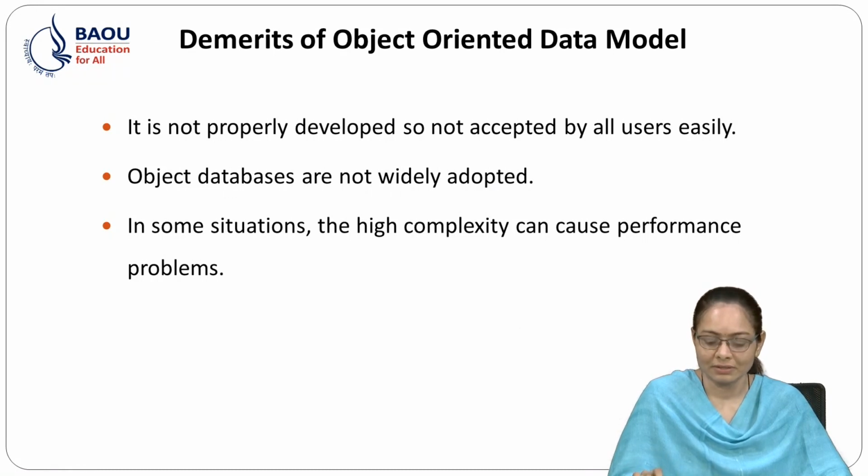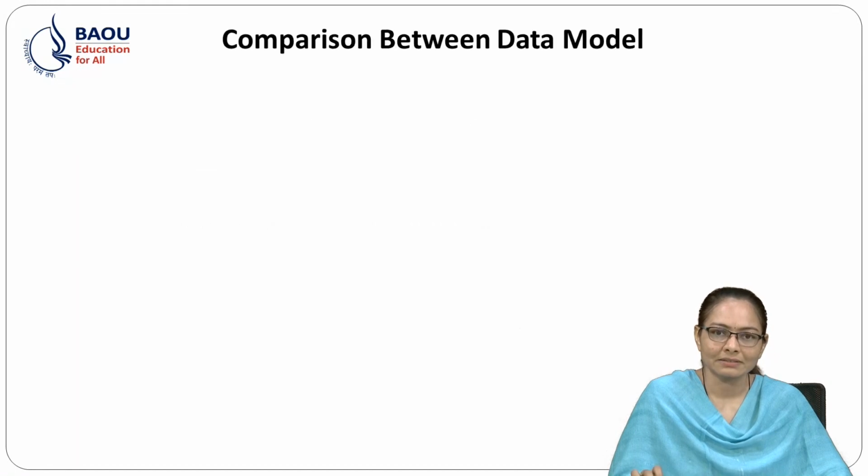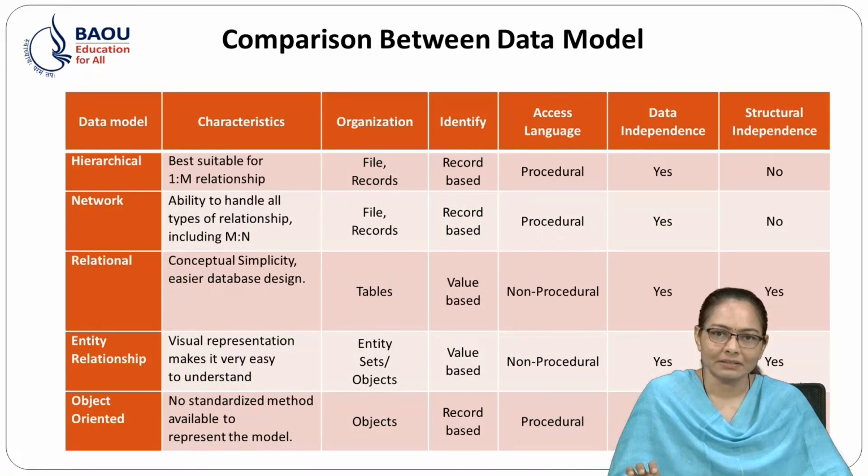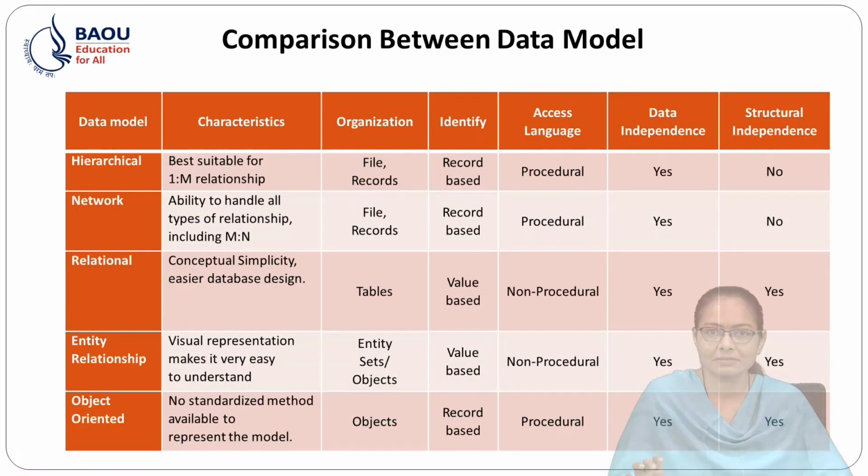Now the last topic is the comparison between the data models. Here is a comparison between different data models based on some specialized characteristics and some merits and demerits of all the models. This table shows the comparison of all the models.